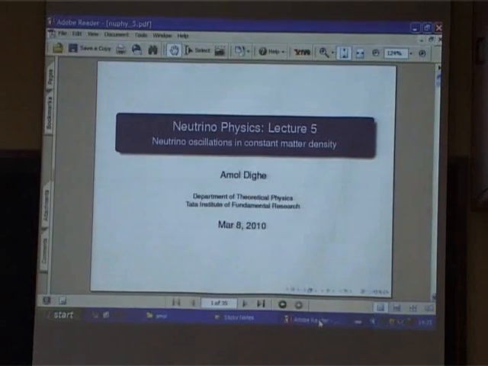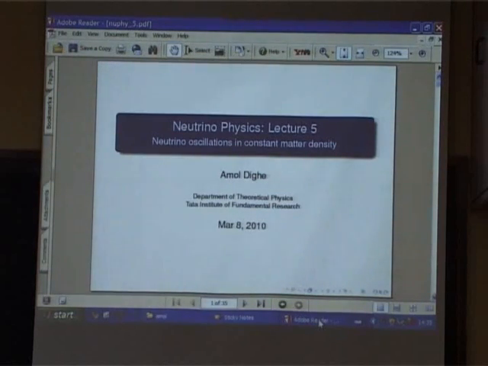Okay. So by now I expect that all of you are comfortable with vacuum oscillations. It's reasonably straightforward stuff. The flavor eigenstates e and mu, and the mass eigenstates which we call nu1 and nu2. What we do is we start with the flavor eigenstate, we separate it into mass eigenstates as a superposition.